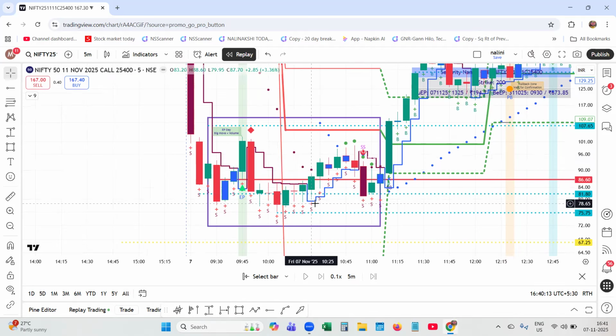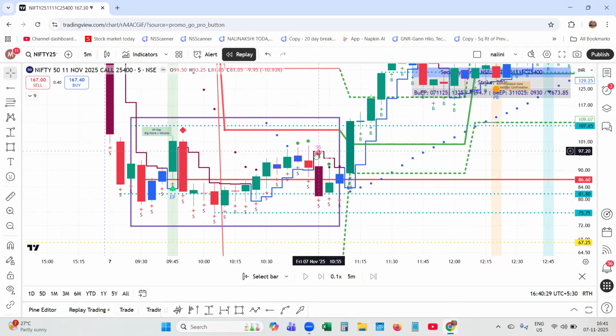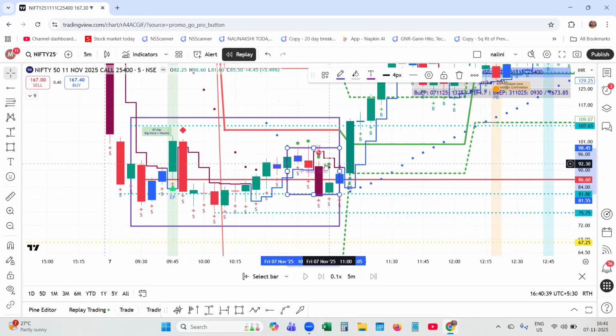You can see my shorter time GannHiLo, which is attached to another indicator, VCP, volatility contraction, and CPR. The green dots indicate there is a volatility contraction, indicating that an expansion is going to come.